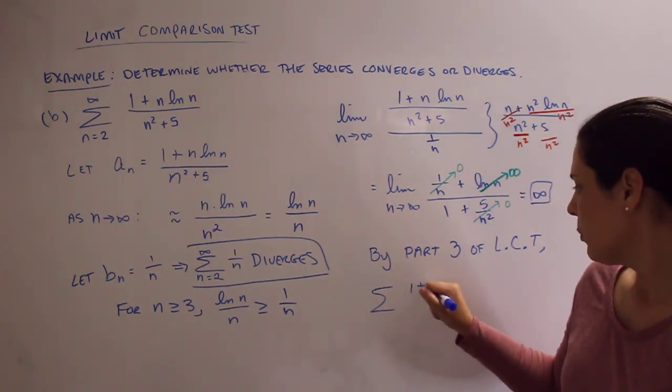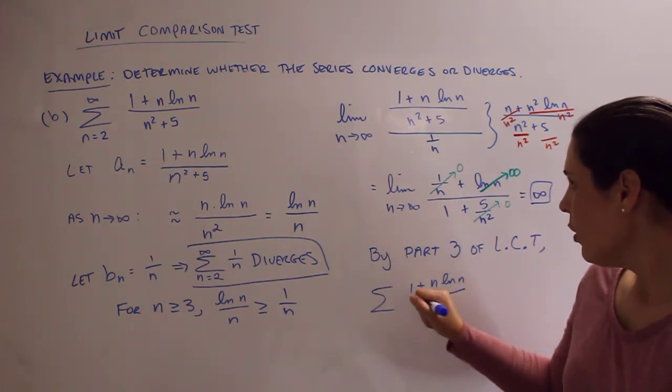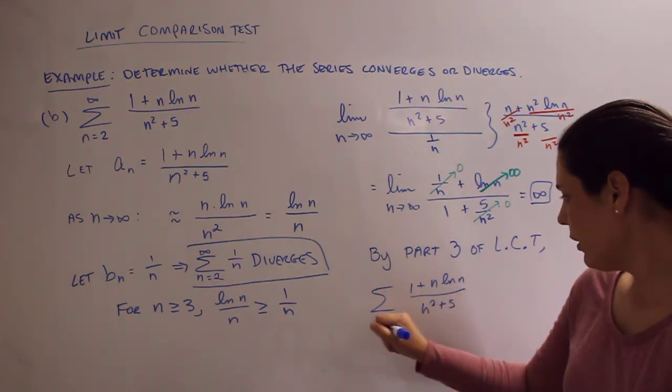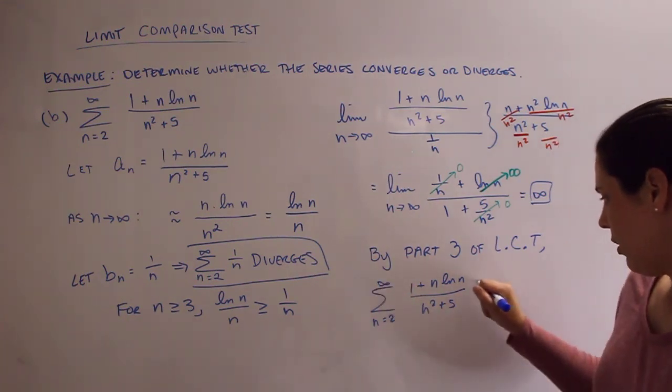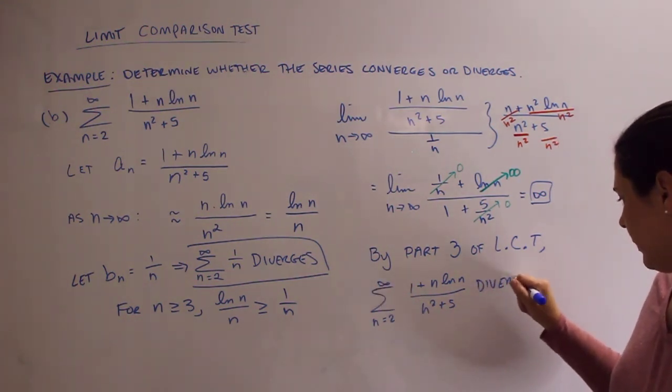So our series 1 plus n natural log n over n squared plus 5 from 2 to infinity also diverges.